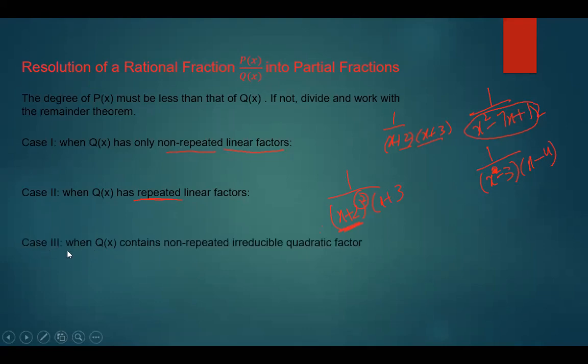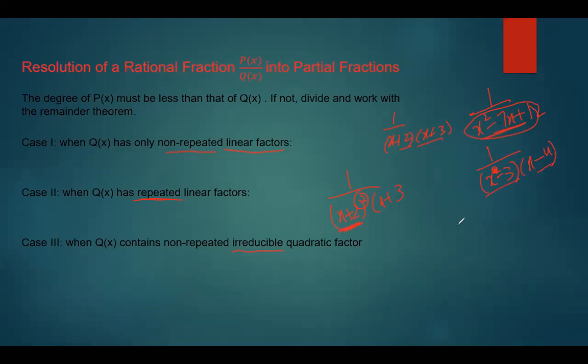Then case 3, when Q of x contains a non-repeated irreducible quadratic factor. Now you need to understand the term irreducible. What is irreducible? For example, x square minus 7x plus 12 is a quadratic, and we factorize it into the linear factors x minus 3 and x minus 4.